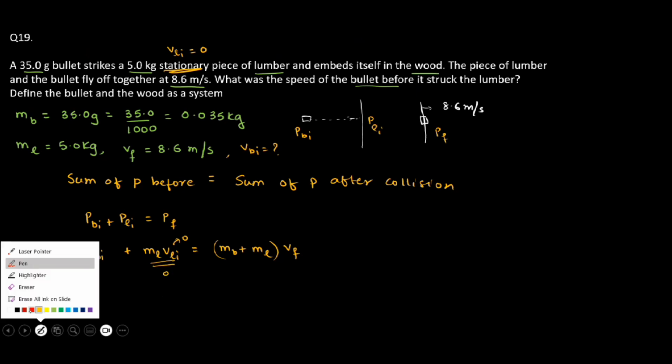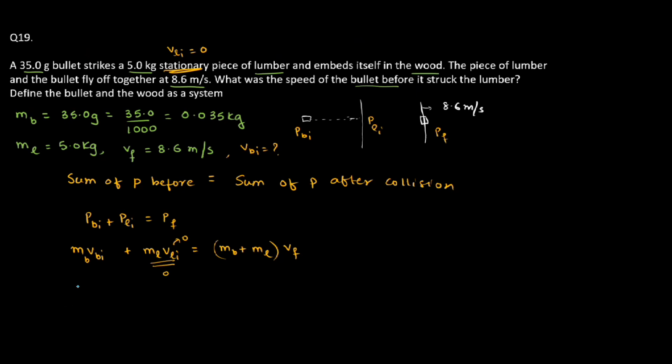And then we can rewrite this expression as mass of the bullet times its initial velocity equals (m_B plus m_L) times v final. So we can divide by the mass of the bullet to calculate its velocity. v_BI will be equal to (m_B plus m_L) over m_B times v final.